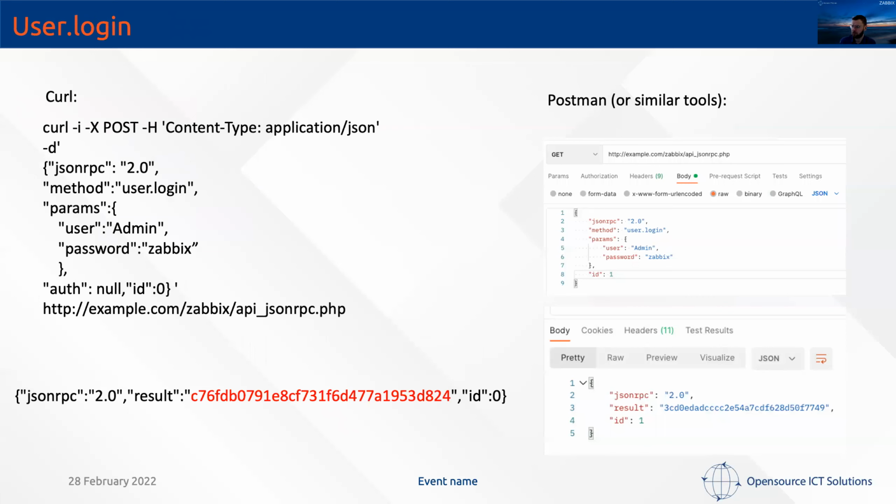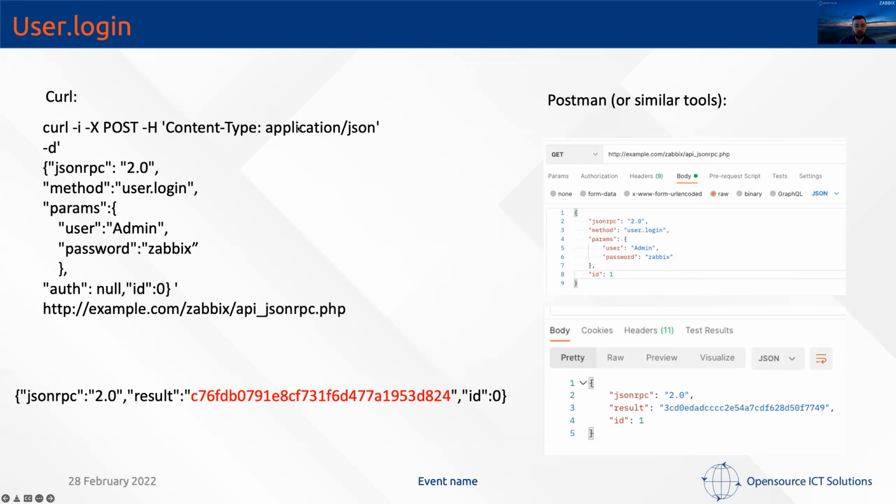So what if we don't want to use API tokens? We can use the user.login method. And the user.login method is just a way to log in to the Zabbix frontend using a username and password in the API. So for example, if we're using curl, we simply set up how we want to connect using curl.